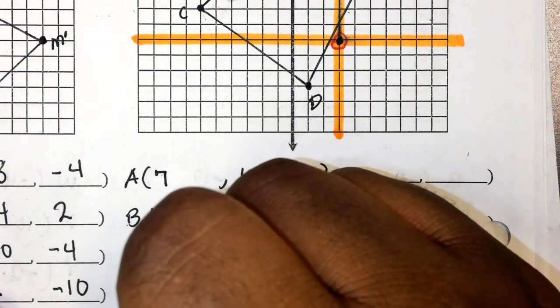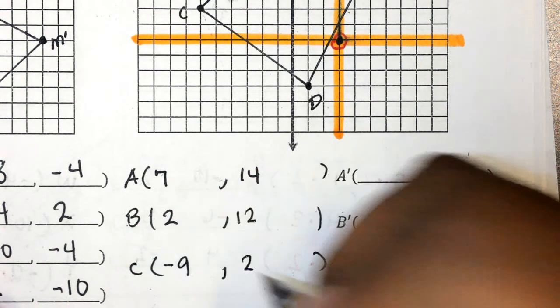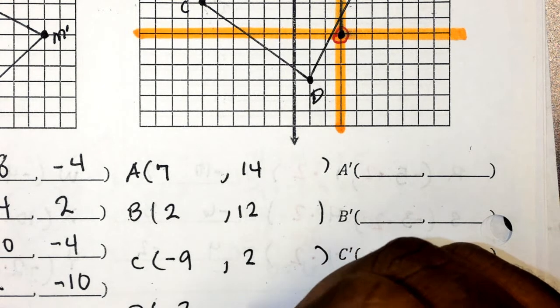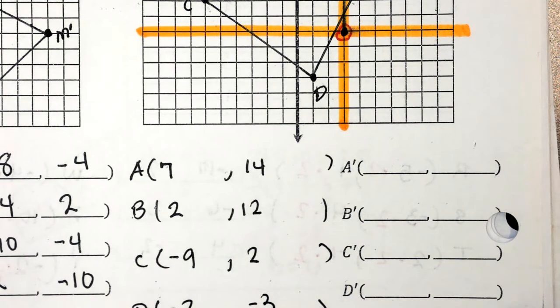Negative 9 and 2. And then my last one. Try it one more time. Move to the left first. Negative 2, negative 3. Alright, those are our points from my center.